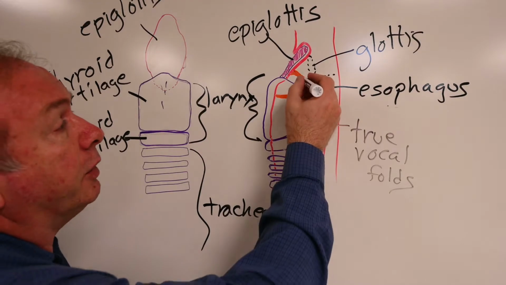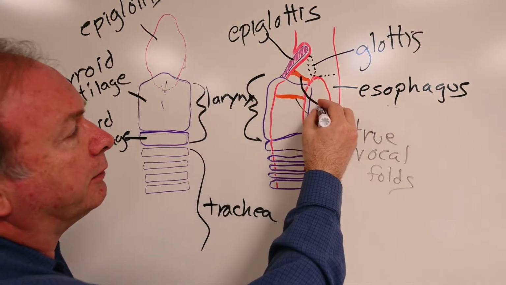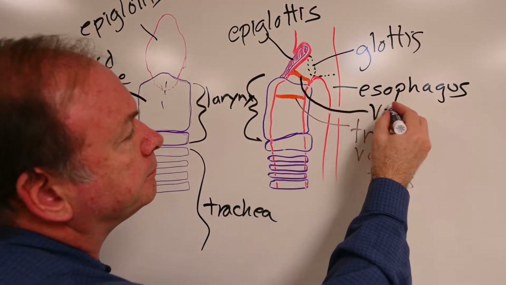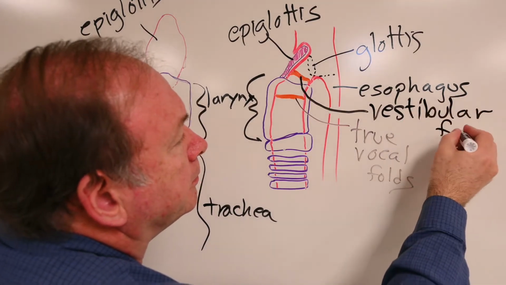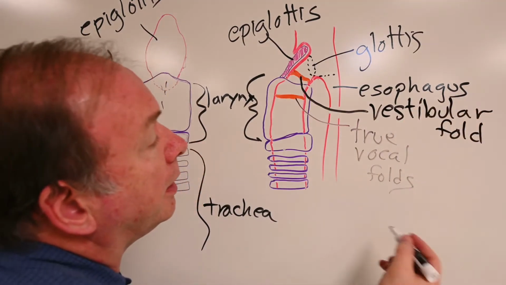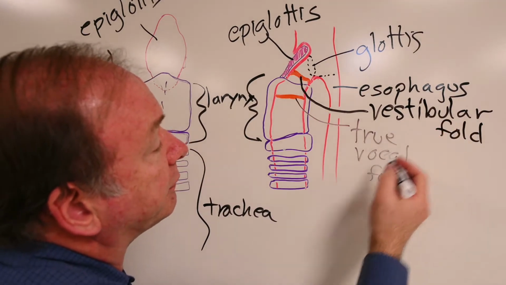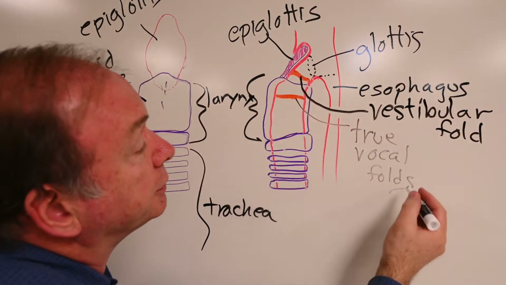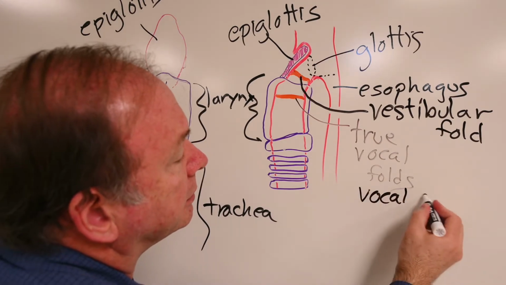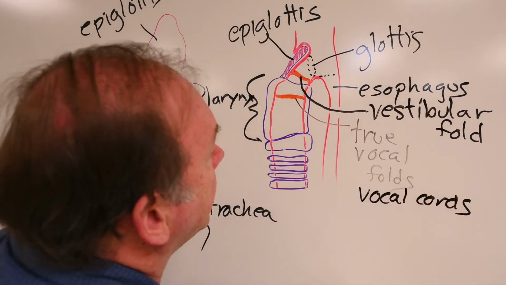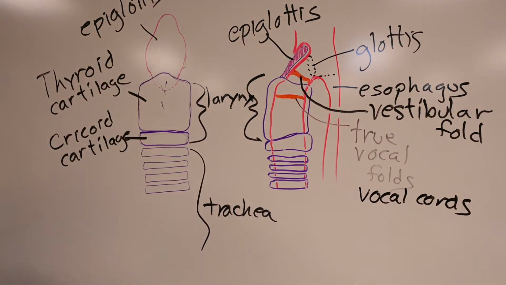Another name for the false vocal fold is the vestibular fold. Like I said, it could be called the false vocal fold. We have true vocal folds that are also known as vocal cords. More common name, vocal cords.